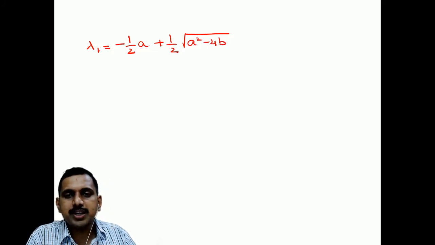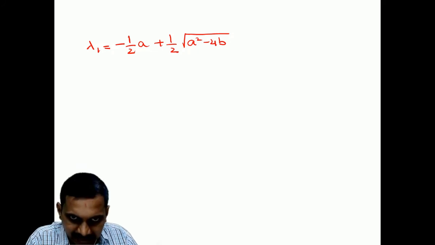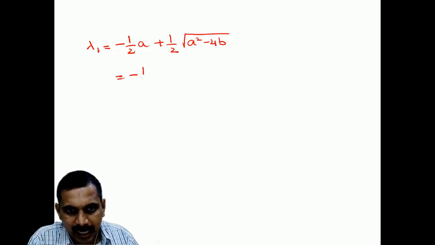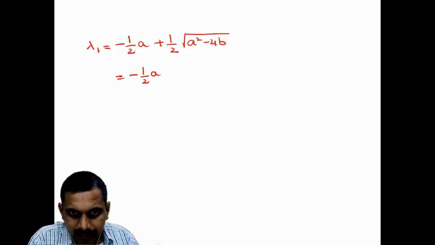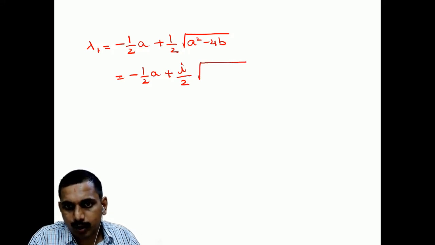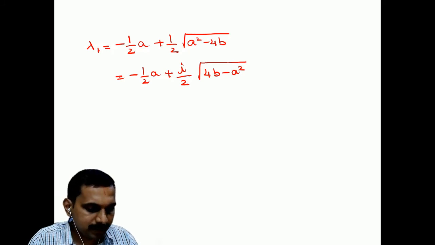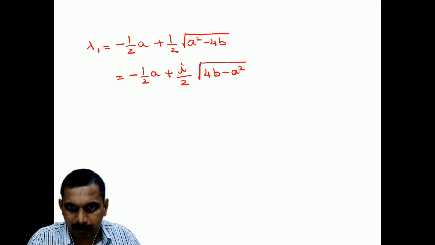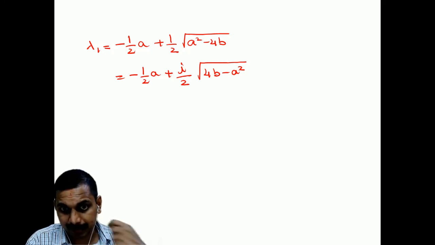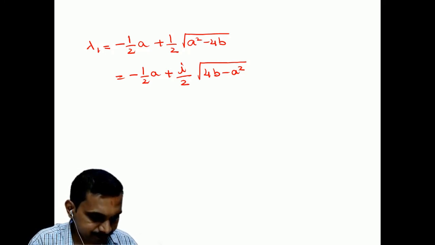Since we know a square minus 4b is negative, I can write this as equal to minus half of a plus i divided by 2 into square root of 4b minus a square, correct? Because it's a negative number. A square minus 4b is a negative number. So minus 1 I have taken as i here.